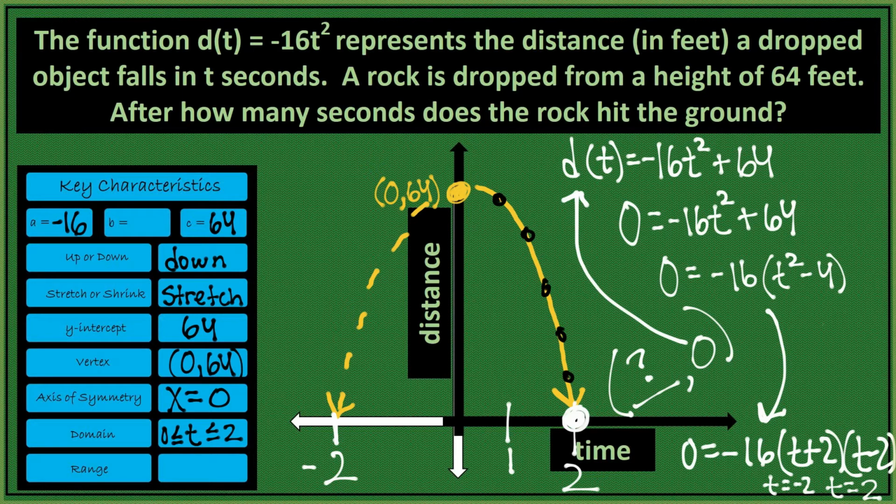I would say our distance is greater than or equal to 0, and our distance is less than or equal to 64. So on a word problem, sometimes your domain and range are different than what you're used to when you're doing a problem that's just a graph with no context or no real life application. So that's how you would do this problem. It's really a factoring problem more than a graphing problem.